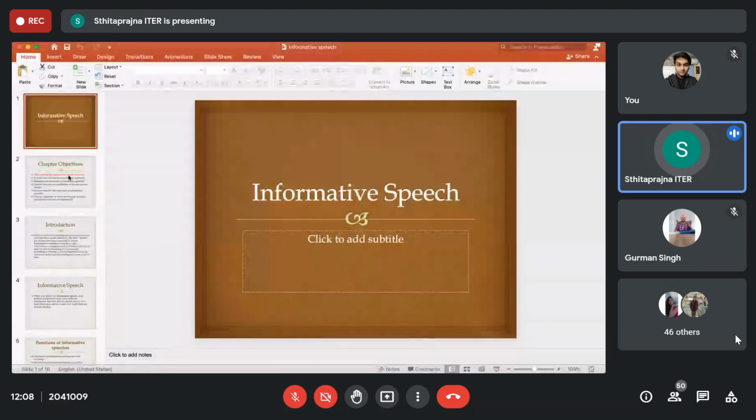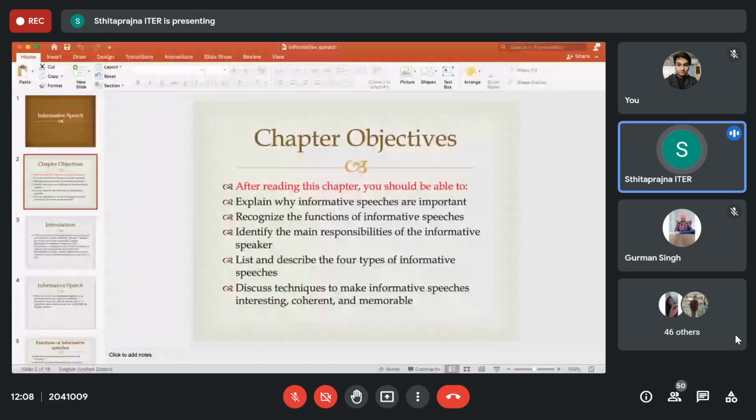Yes, ma'am. So these are the chapter objectives. After reading this chapter, you should be able to explain why informative speeches are important, recognize the functions of informative speeches, identify the main responsibilities of the informative speaker, list and describe the four types of informative speeches, discuss techniques to make informative speeches interesting, coherent, and memorable.